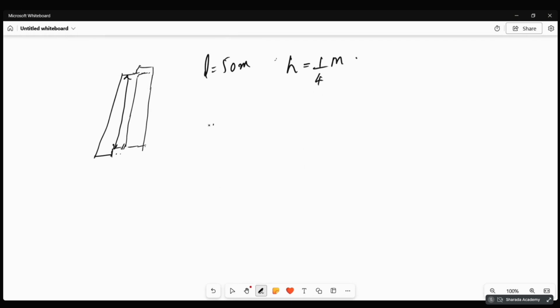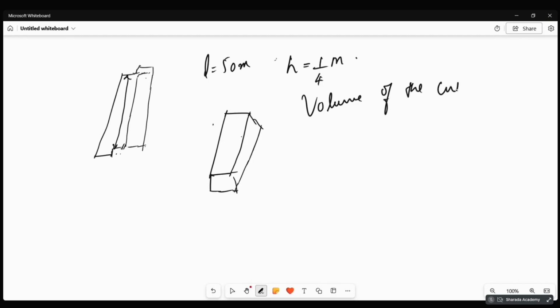See, what is the volume? Each step will come like this. Each step is a cuboid. So the volume of the cuboid is equal to L into B into H. Each one will have the same length, that is 50 meters, and the rise for each is the same, that is 1 by 4 meters.